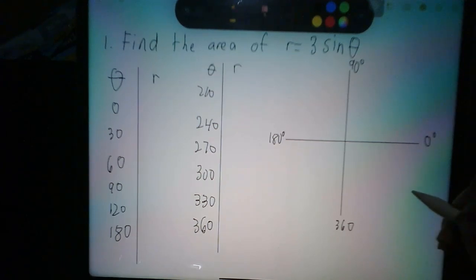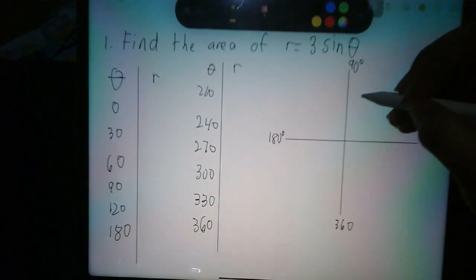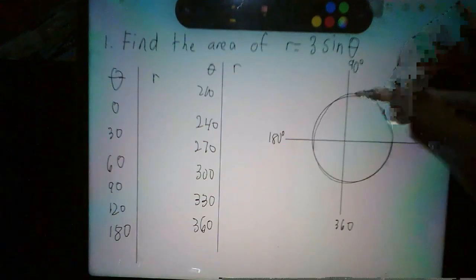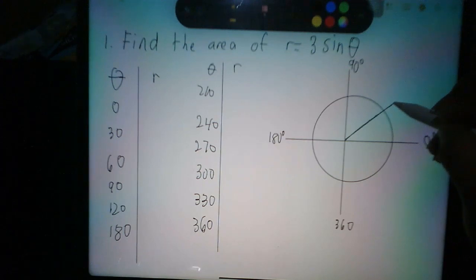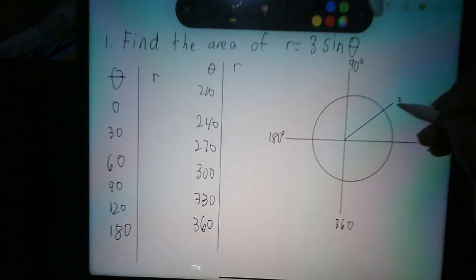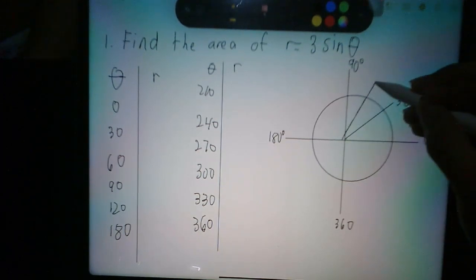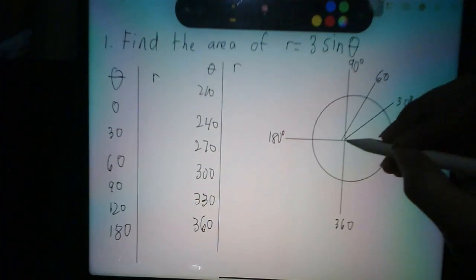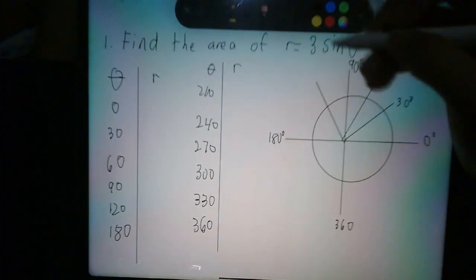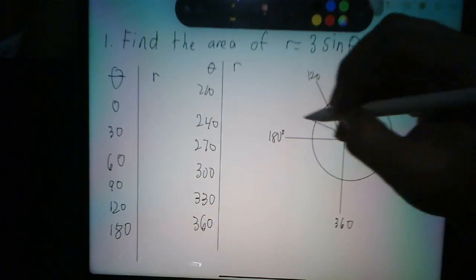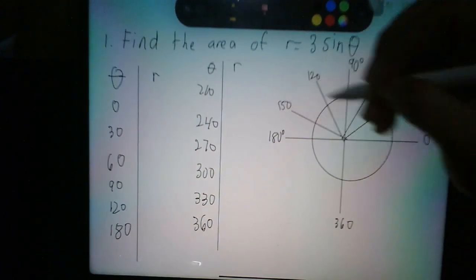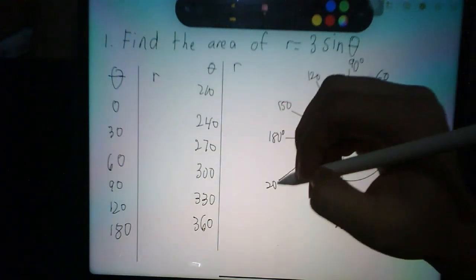So by putting a circle here, this angle is equal to 30 degrees. This is 60. This is, let's say, 90, 120, 150, 210.